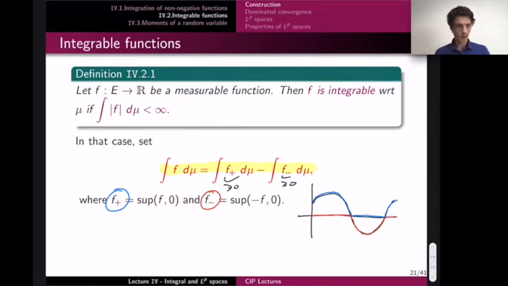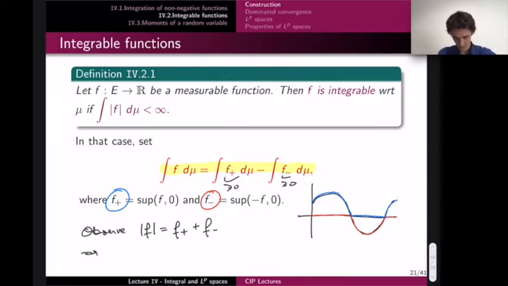So what is happening actually is that, observe that the absolute value of f is equal to f plus plus f minus. So in fact, this means that f plus or minus is less than or equal to the absolute value of f.